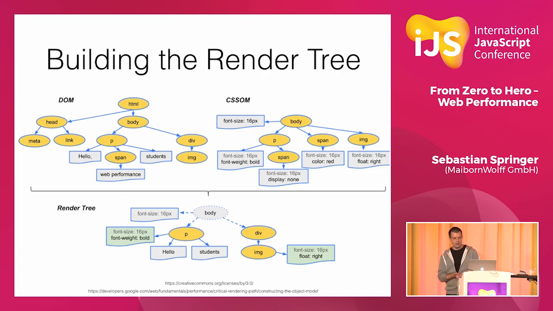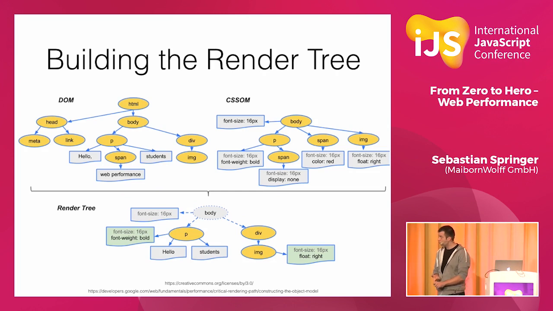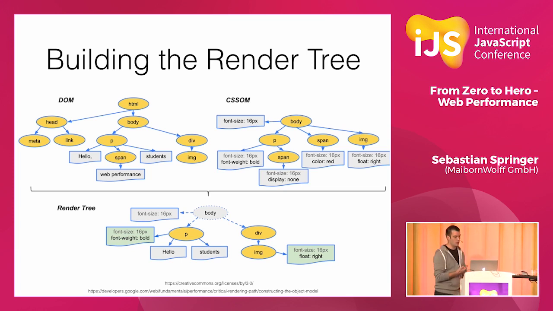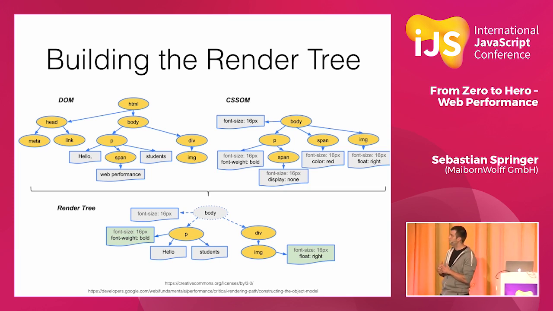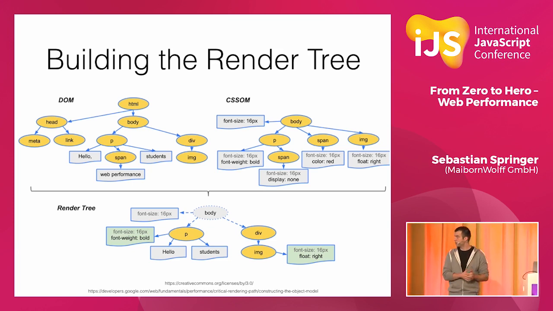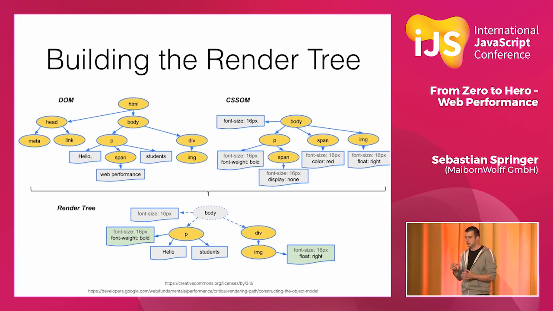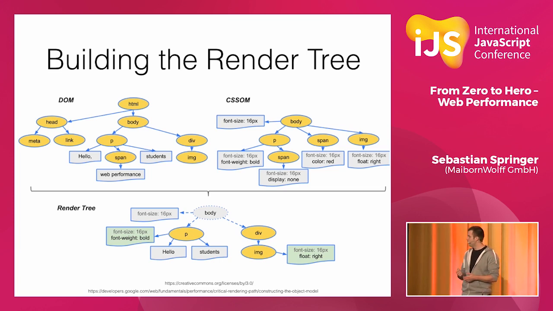Okay, we have our structure and our good-looking styles, and we need to somehow make our document object model look any good in the browser. So the browser or the rendering engine just merges the document object model and the CSS object model and applies the stylings to the structure. Moves some elements somewhere and applies some colors and stuff like that in order to make the web page good looking.